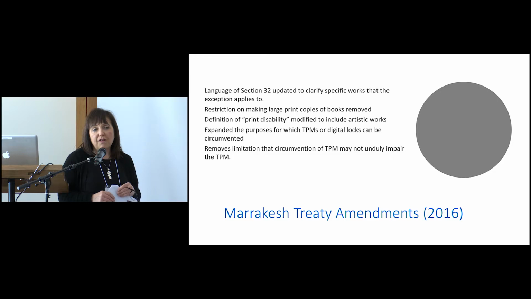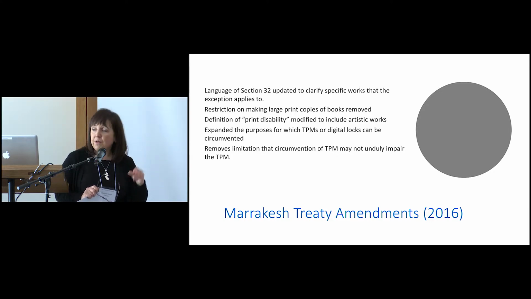The language of Section 32 was updated to clarify specific works that the exception applies to. Before that, there had been some omissions and things that were not clear, but Section 32 was amended to make it absolutely clear that both the type of content you could copy as well as the type of copies you could make covered everything.